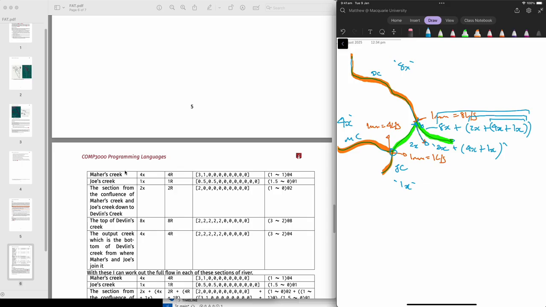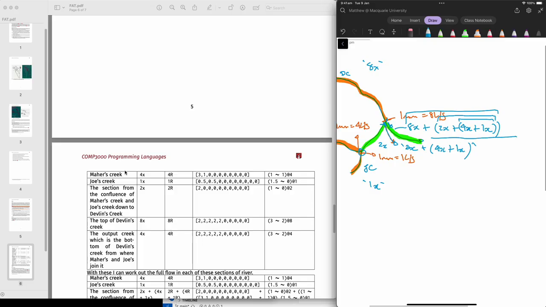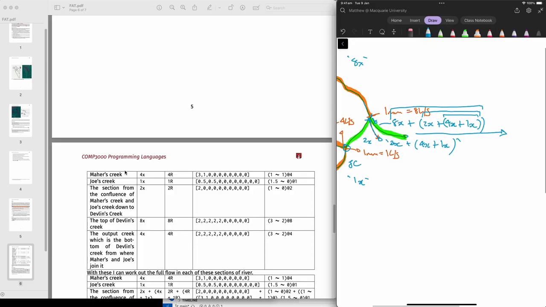Now, ultimately, I want what comes out of here at the bottom, which is going to be that thing I just worked out plus whatever's being collected along the bottom part of Devlin's Creek, which I decided was 4x.